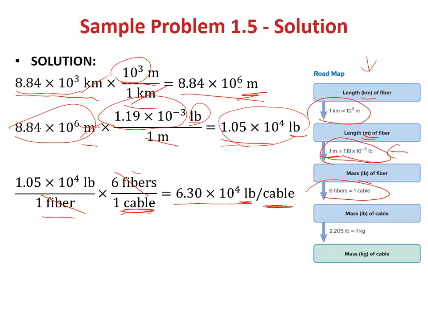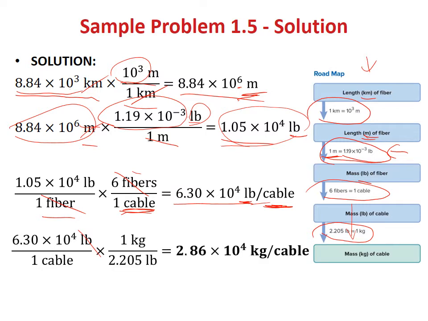And lastly, we need to convert pound to kilogram. And so here, all right, we start with this one and write the conversion factor between kilogram and pound. And we want to cancel pound, to give kilogram. So pound should be the denominator.